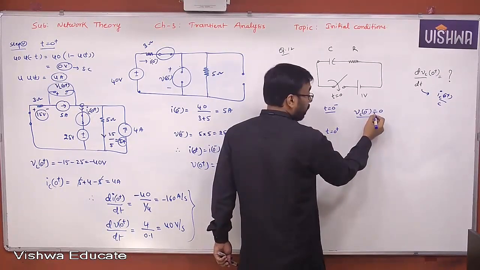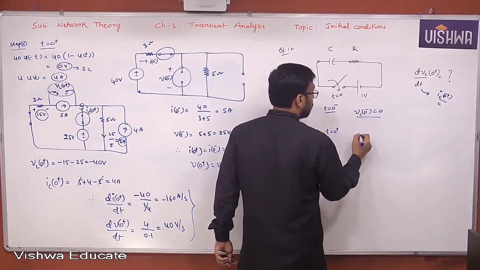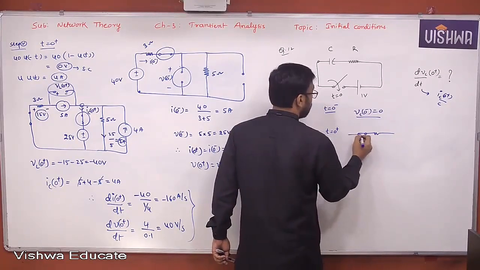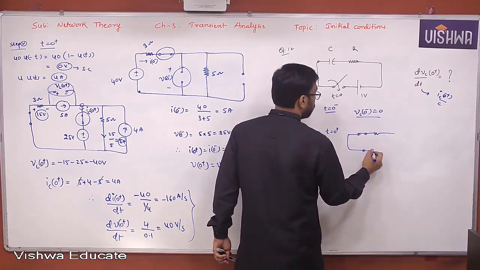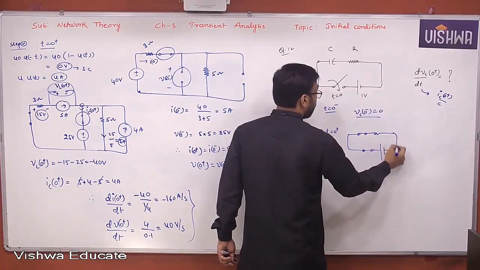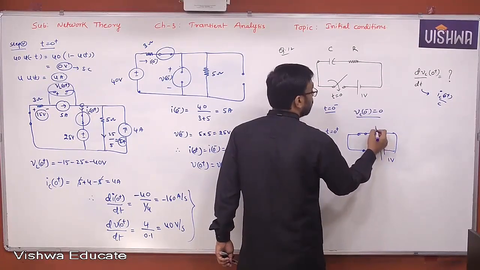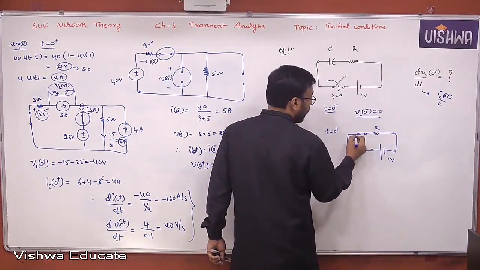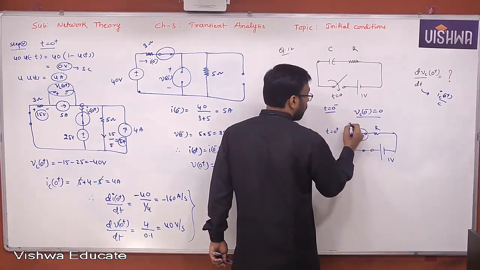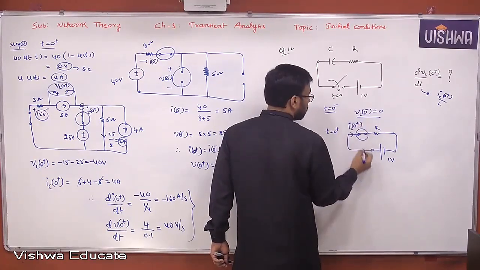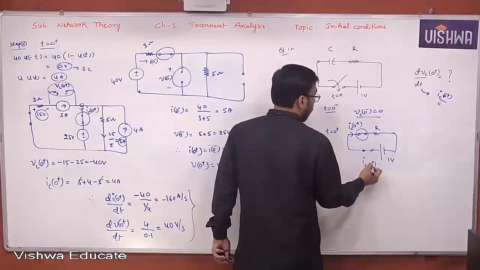The voltage across the capacitor at t equal to 0 minus is 0, which is nothing but a short circuit. So the capacitor is a short circuit, and then you close the switch and apply the source, 1 volt, and this is R. Now, what is the current flowing through the capacitor? IC of 0 plus is 1 by R.